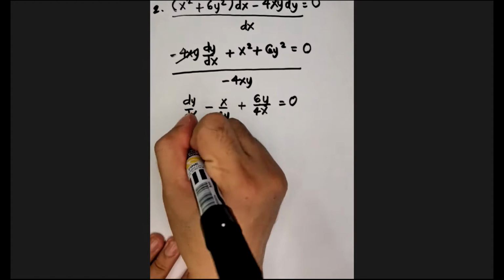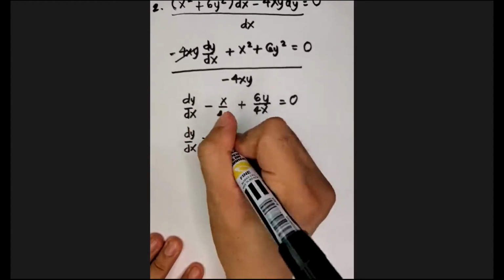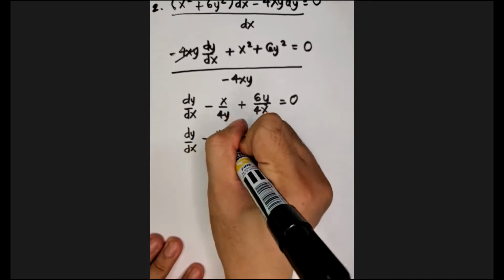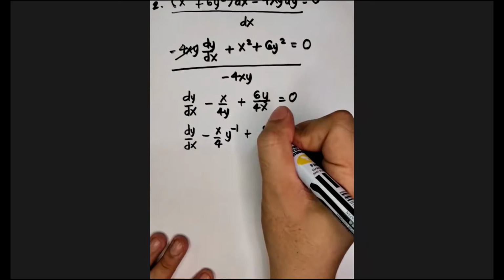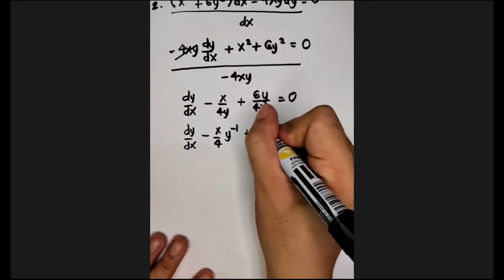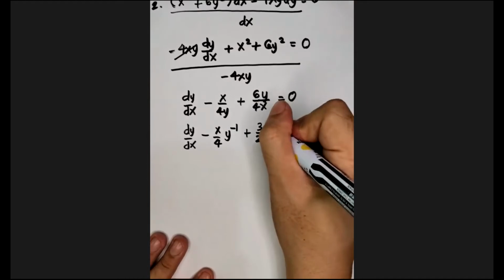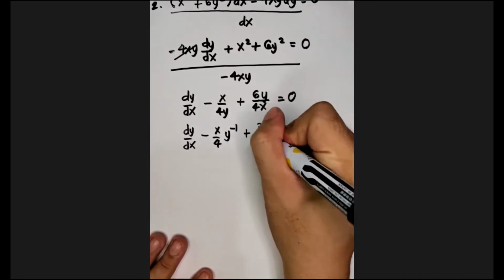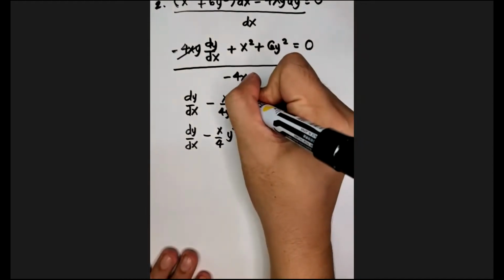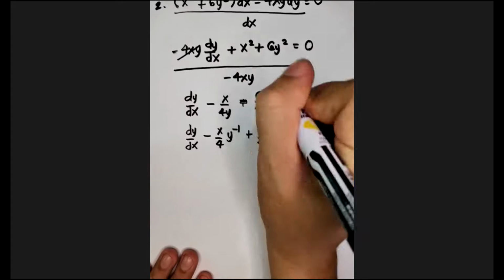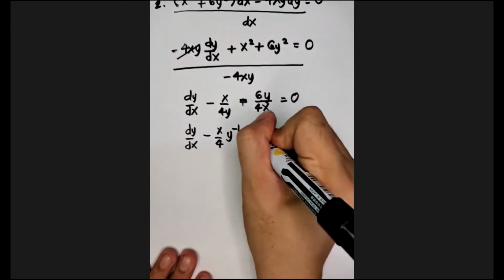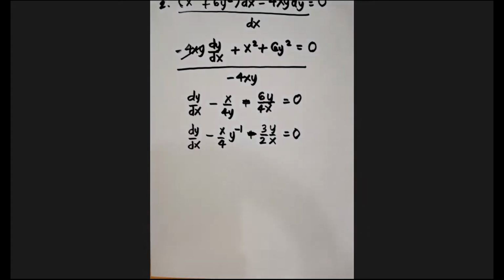So, magiging dy over dx minus, okay, it should be negative 3 over 2 y over x.